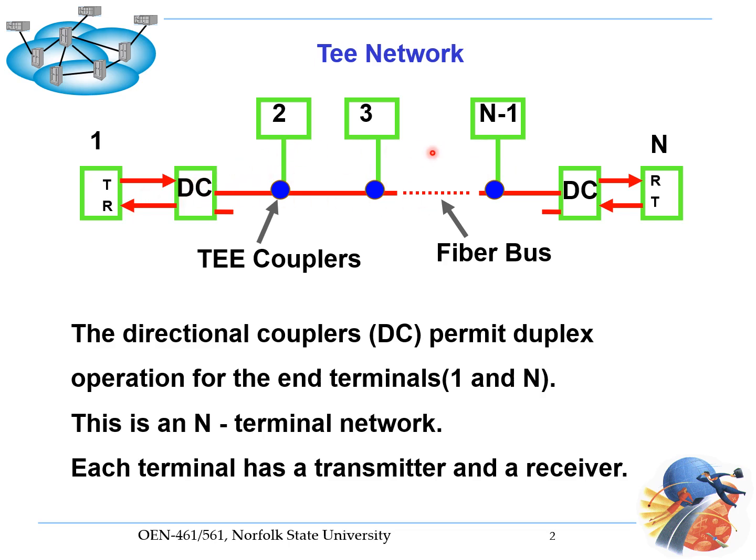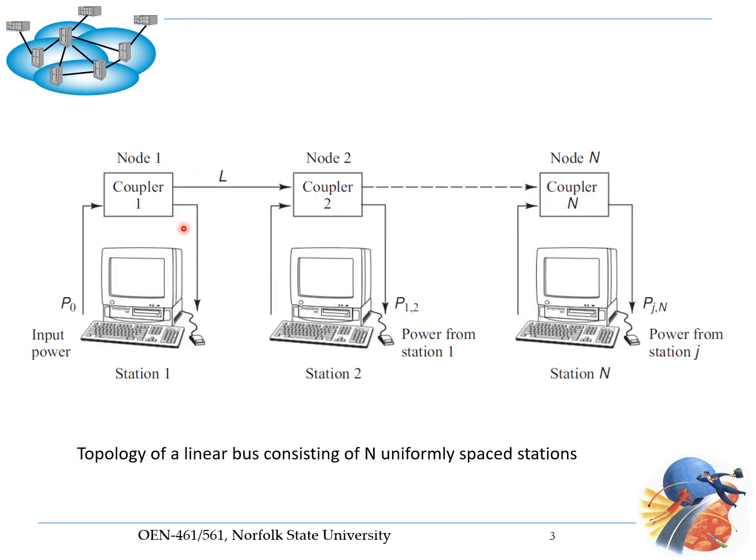Overall, we have n terminals, and each terminal in this network has a transmitter and a receiver. It means that at each station, no matter whether it is an end terminal or middle terminal, we can send signal through this network, and we can receive signal from the same network.